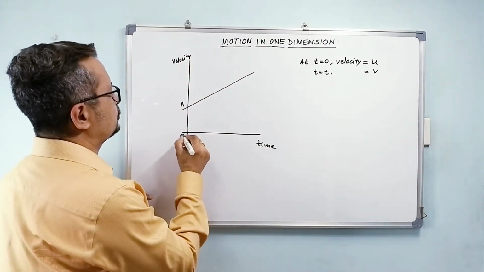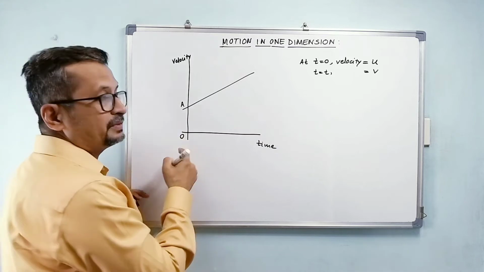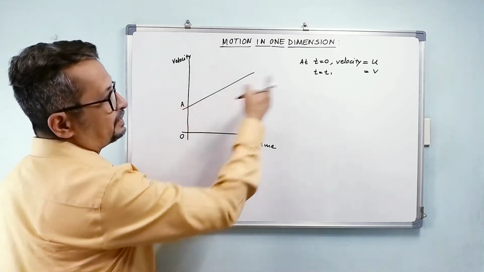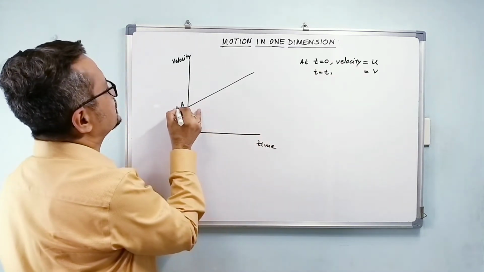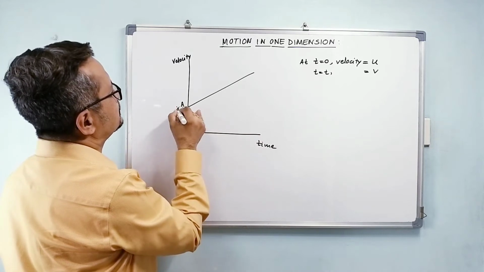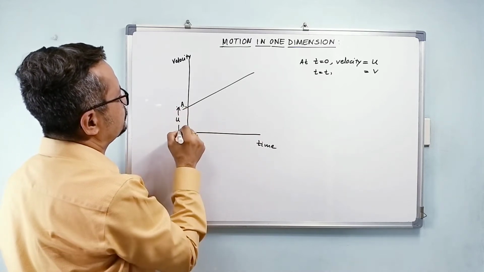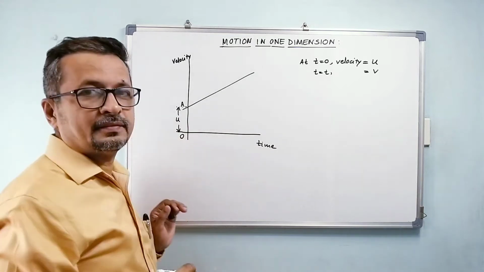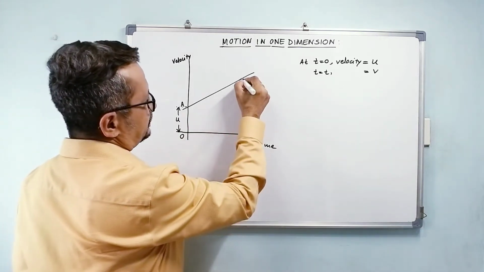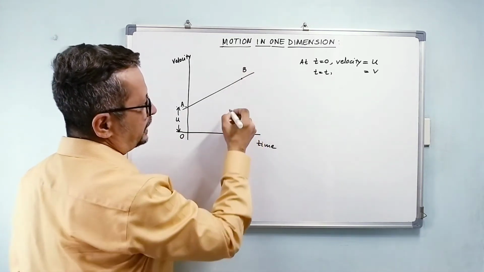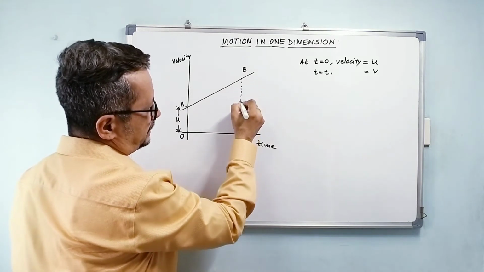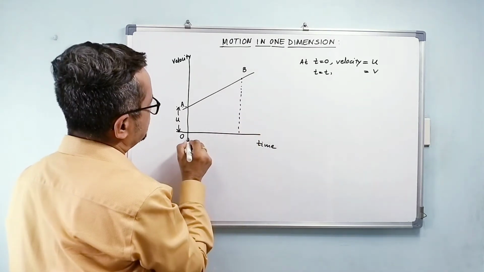Now if this is the origin, that means at t equal to 0, my velocity is u. So this distance would be equal to u. And at this point B here, the time elapsed is t seconds.